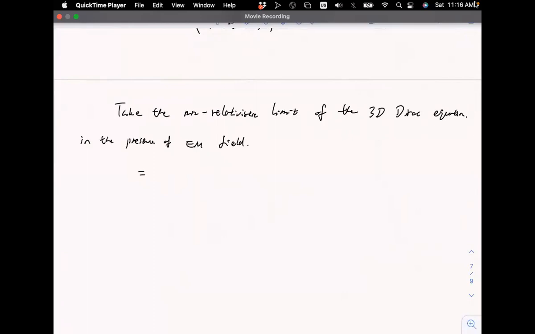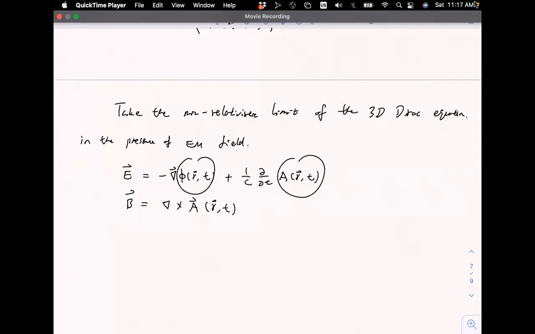The electric field is the gradient of this potential, and then the time derivative of this magnetic potential. Okay, and the B field is this. So basically you need to incorporate this into the equation. How do we do it?